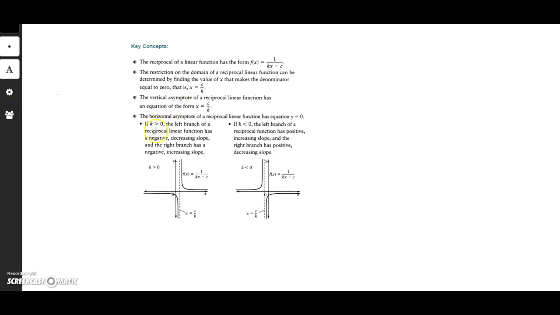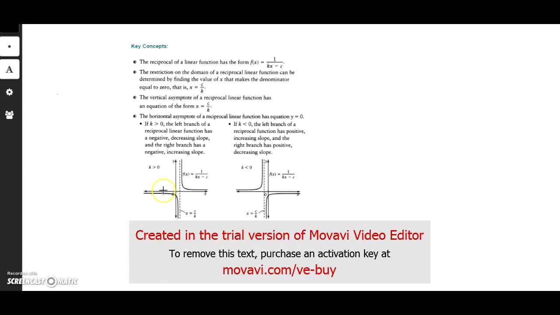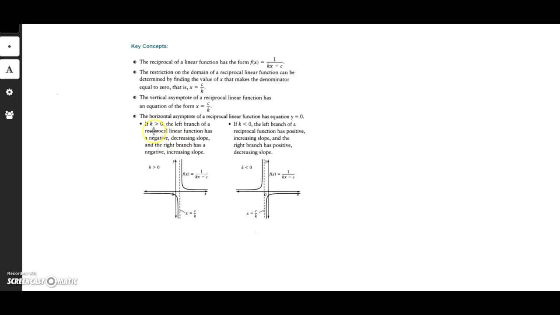Now coming to the graph. I have even demonstrated an example where the value increases negatively for this graph and the value increases positively over the y-axis in this graph, where k is more than 0, and on the other hand, where k is less than 0.